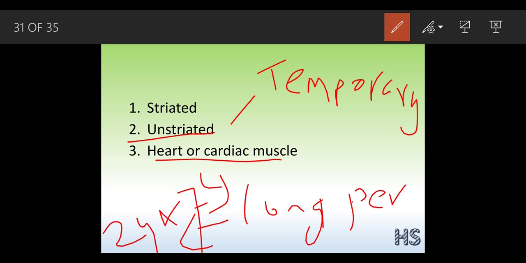So that is why it got a special name, the cardiac muscles. Because if your heart stops pumping, what is going to happen? Definitely a person is going to die. So that is why it has to throb, or pump the blood, 24/7.